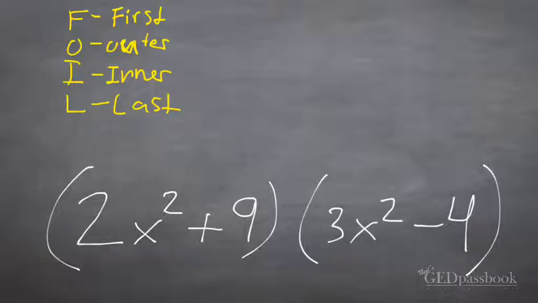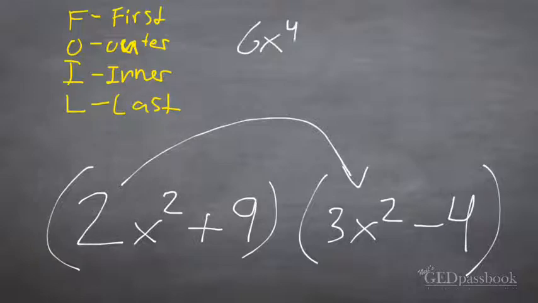For instance, you start with your firsts. This is my first, this is my first. So you multiply those together. What's 2x squared times 3x squared? Right? So now you move on to your outer.